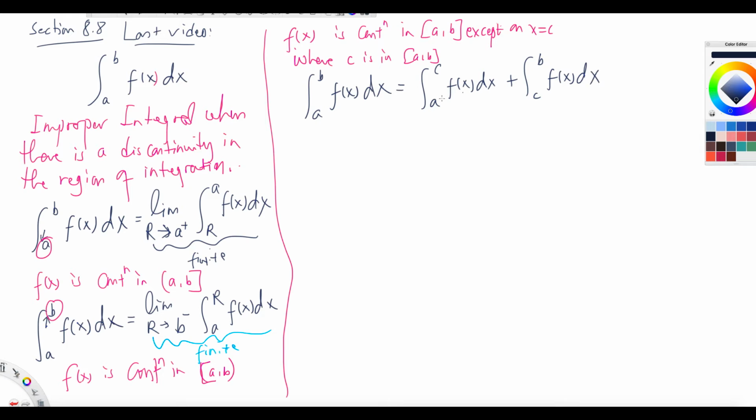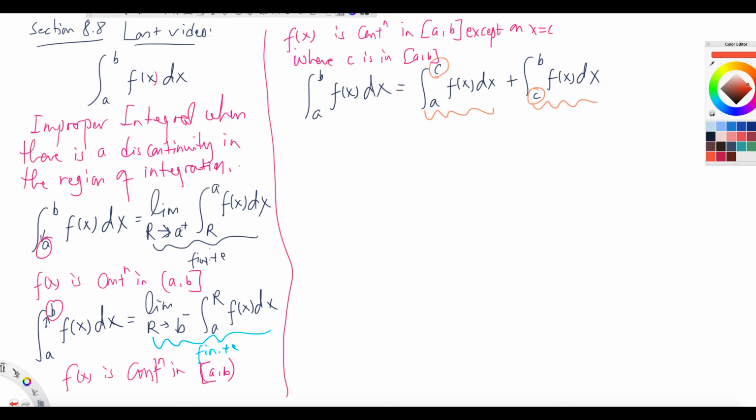You see that this integral will be improper. Why? Because the function is not continuous at c. You see that? And this integral is also improper. Why? Because the function is not continuous at c, or the function is infinity at c. Okay, so both of these are improper.